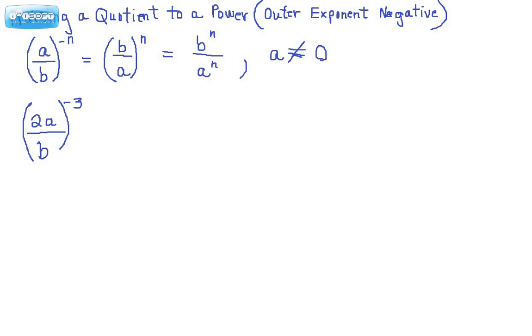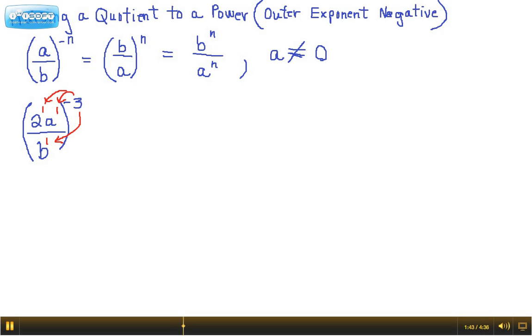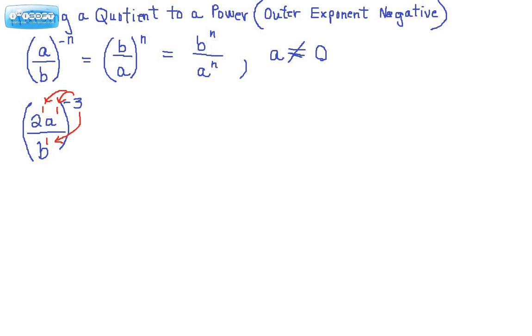And remember that each one of our inside exponents, the 2 has an understood 1, so does the a, and so does the b. So we want to keep the bases inside parentheses and multiply each inside exponent by the outside. This is the way that we first learned to do a quotient raised to a power.